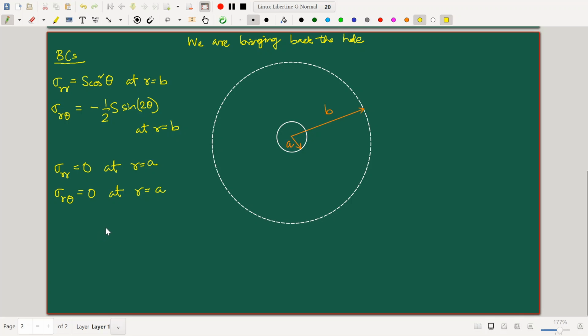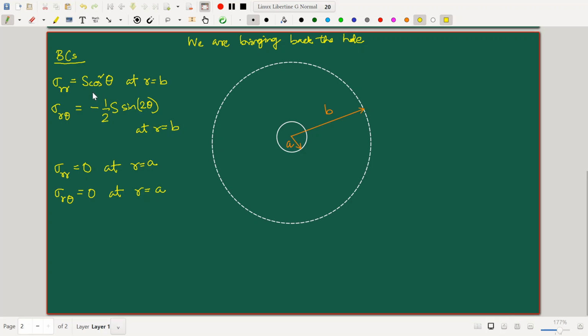So you see, suppose we had a situation that the sigma RR here, so you forget about the sigma R theta. Let's consider the sigma RR. This boundary condition is present in the form of S cos square theta. But suppose it wasn't present in the form of an S cos square theta.